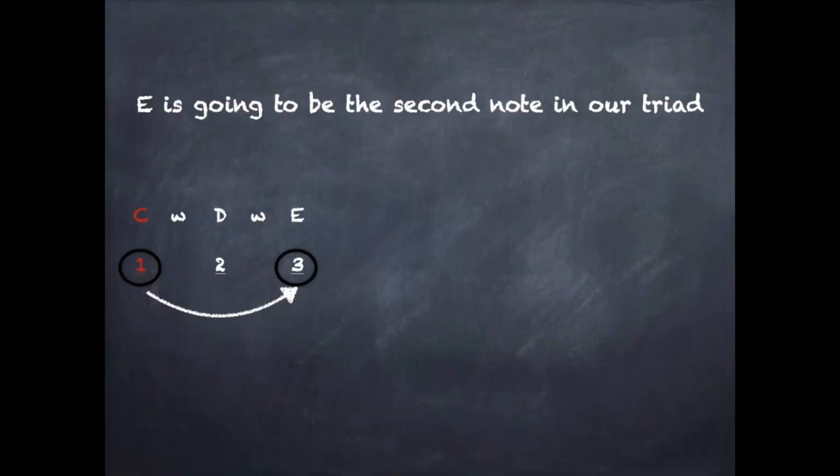Okay, so I want to break down intervals one more time for this first chord, just so you fully understand this formula, and then you can apply it to every other chord, more or less. We have the distance from C to E, our root and our third, which is 2 whole steps. If you remember what I was saying before, that means it's a major third.